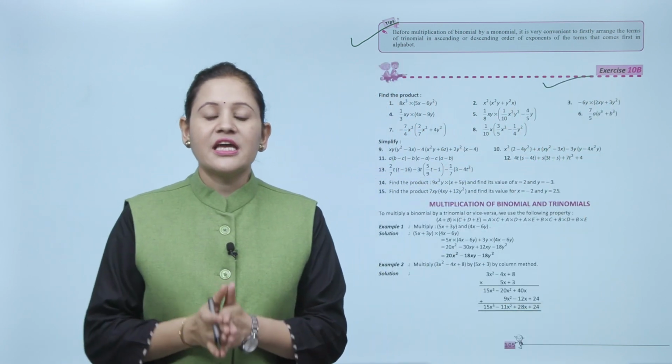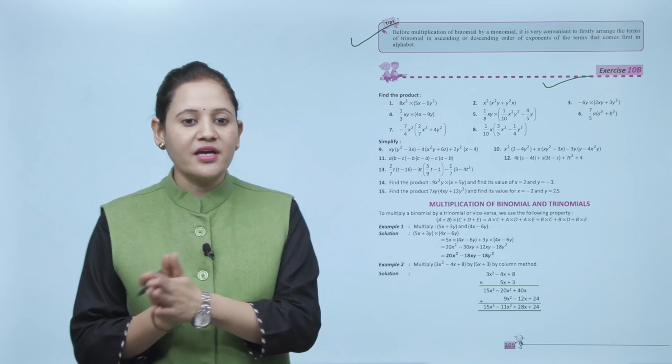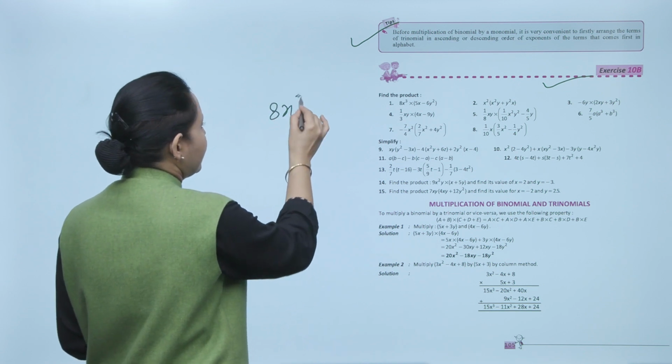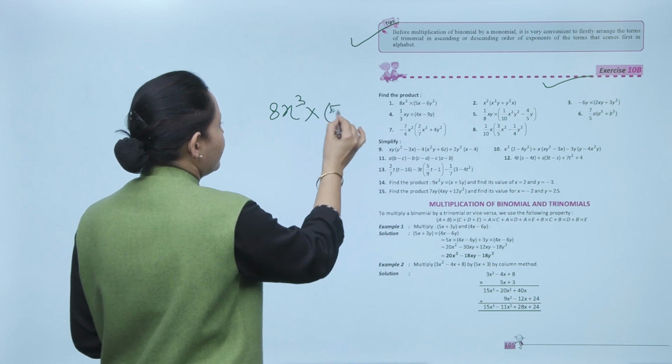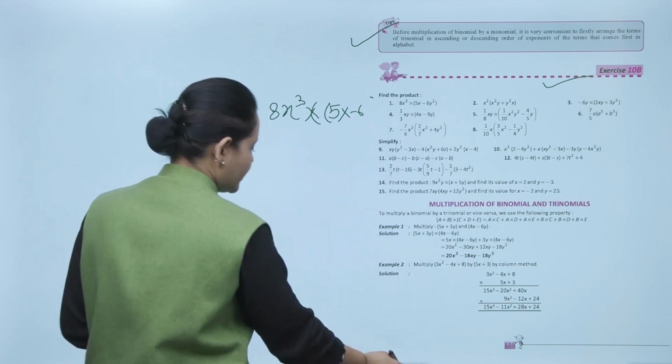Find the product 8x cube multiplied by 5x minus 6y square. So we have to multiply 8x cube by 5x minus 6y square. First we multiply these two and then the next.